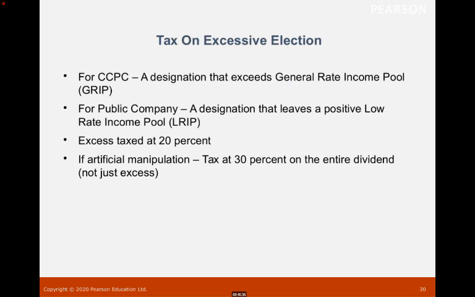And all of this stuff is to try to keep that integration, try to eliminate the benefit of moving this money around to maybe defer when the taxes need to be paid.